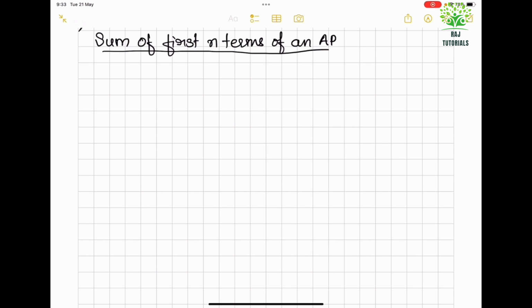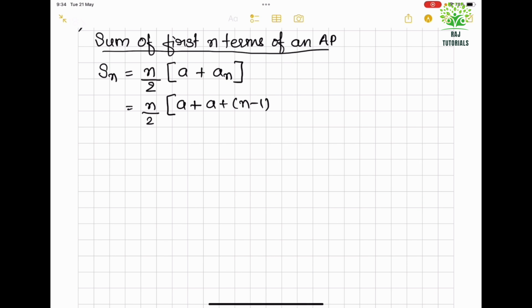The next topic is the sum of first n terms of an AP. So we can say Sn is the sum of n terms. That is represented by n by 2 into a plus an. This is the first formula. Then I can simplify that: n upon 2, an was a plus n minus 1 d.